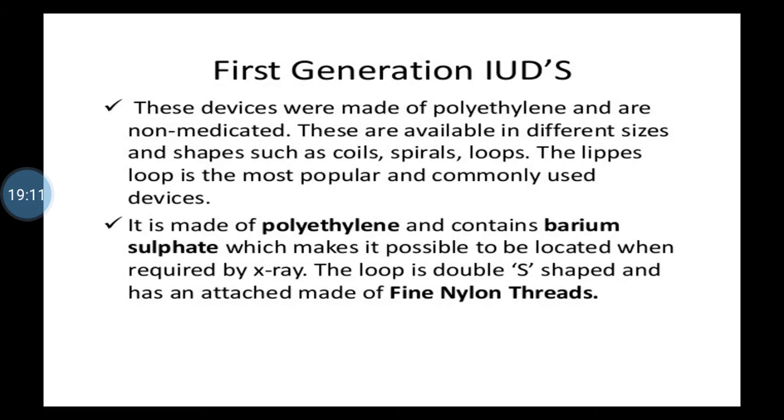They are available in different sizes and shapes, so not only Copper T, but in the form of coils, spirals, and loops also. Lippes Loop is also most popular. It is made up of polyethylene and contains barium sulfate, which makes it possible to be located by X-ray when required. The loop is double S shaped and has an attached tail made up of fine nylon thread.